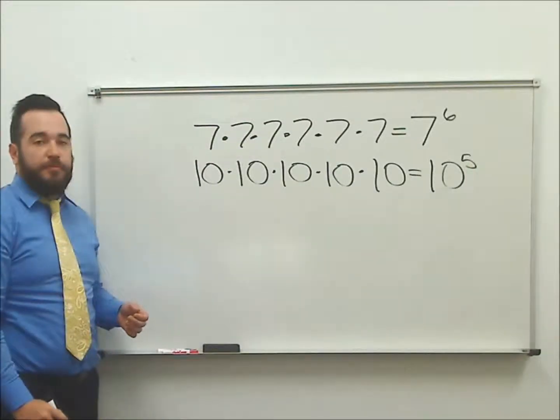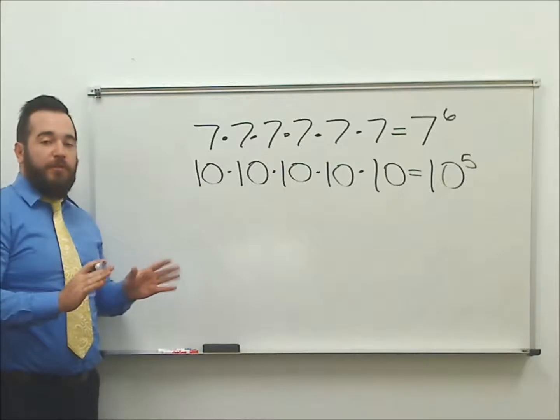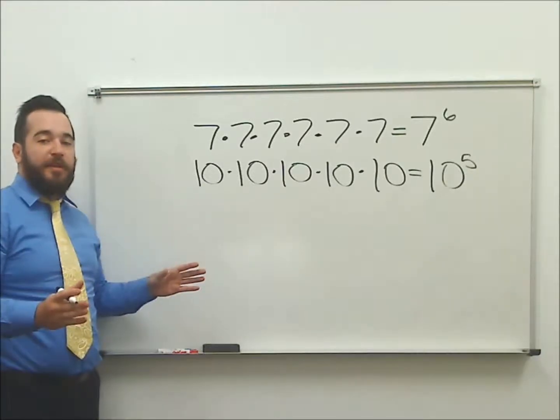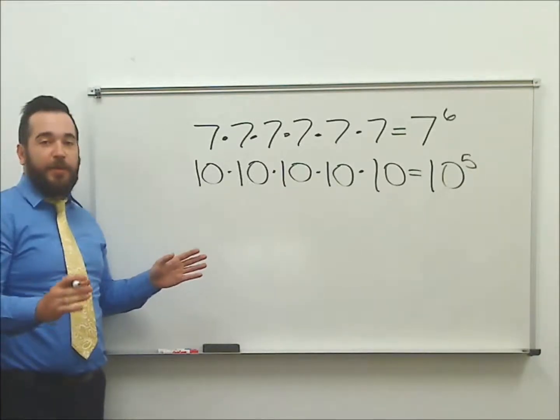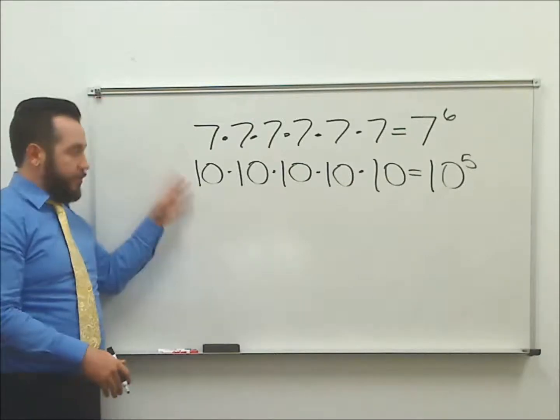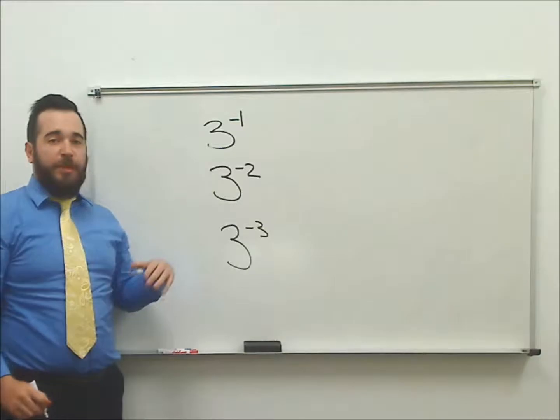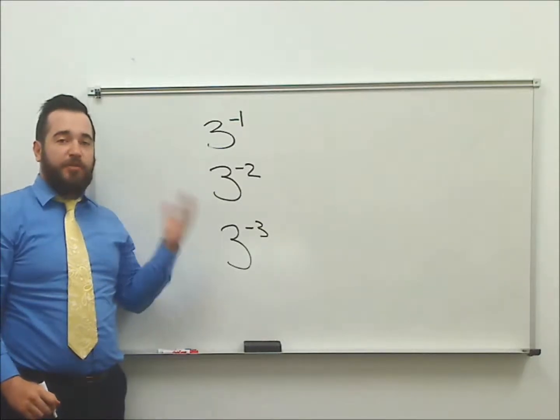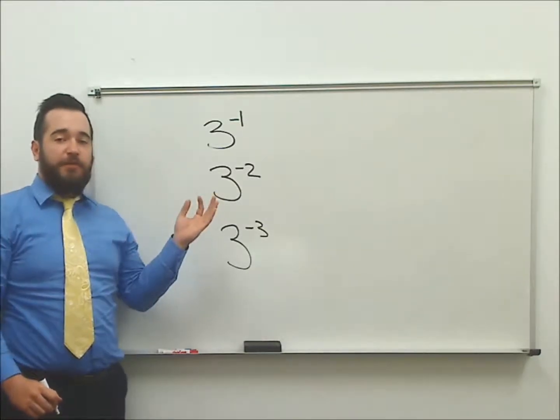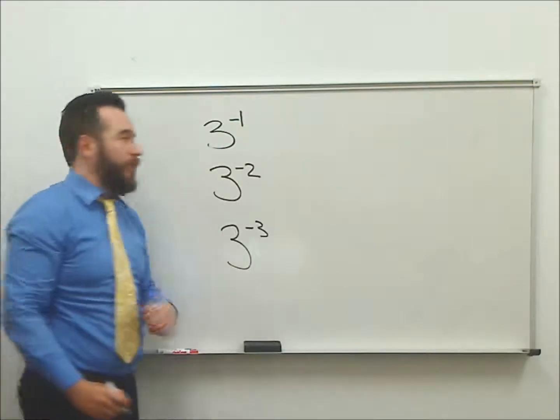All right, so now if you've got a feel for positive exponents, let's take a look at negative exponents, the other side of the spectrum. So 3 to the negative first. What that means is that instead of just 3 to the first, 3 to the negative first means 1 over 3 to the first.